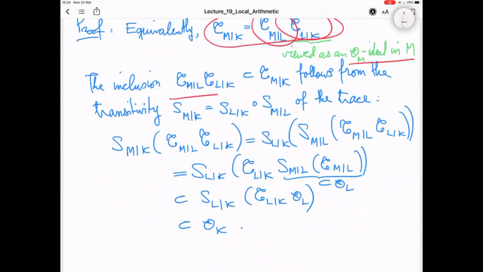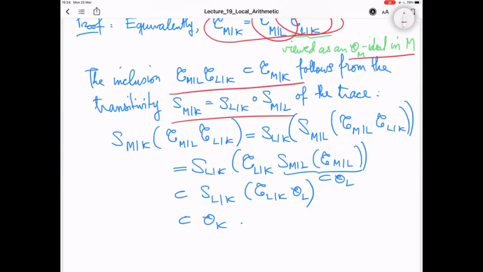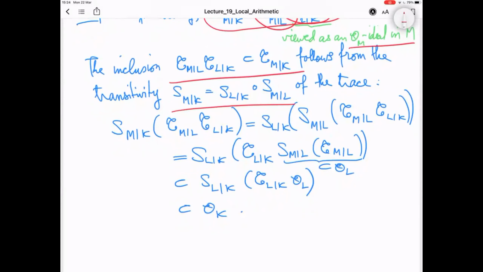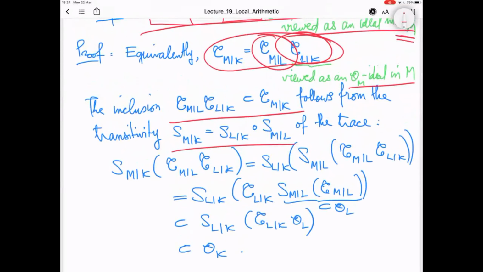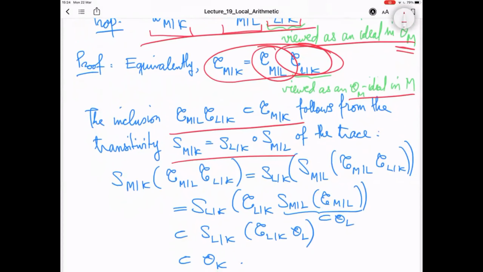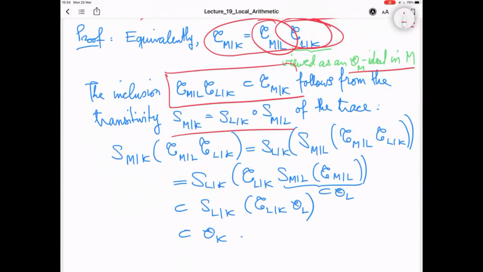So one of the inclusions is clear from the transitivity of the trace, which we mentioned just now. So we want to prove this inclusion.